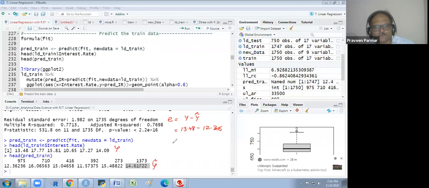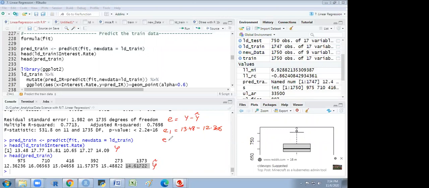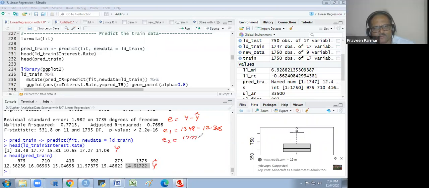Is it clear? Then we get E2, which is 17.77 minus 16.06. I am writing only 2 digits, not rounding off. E3 is 15.81 minus 15.04. And then I get the summation of these Ei. Is it clear to all?